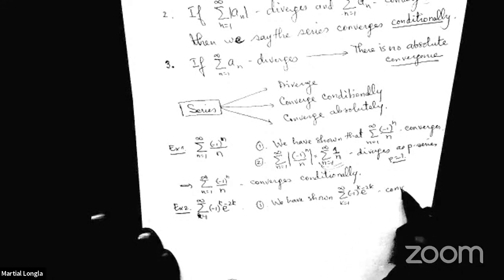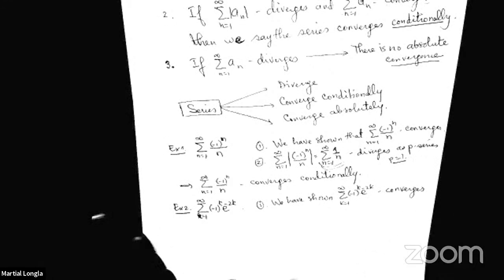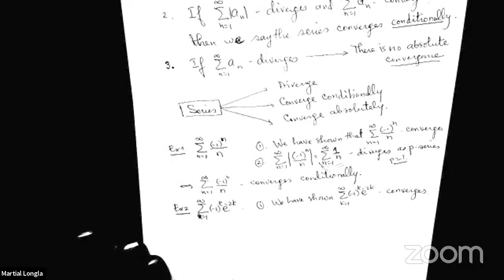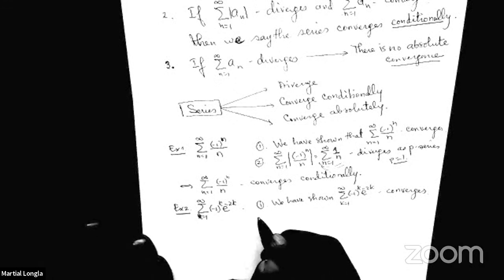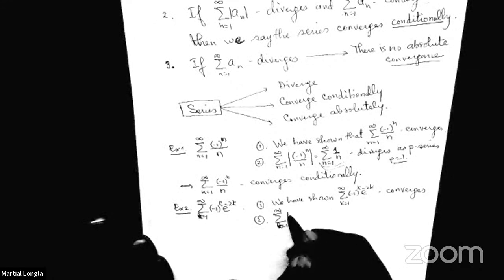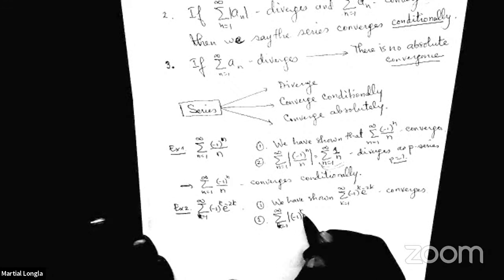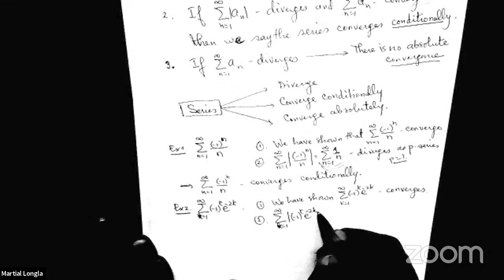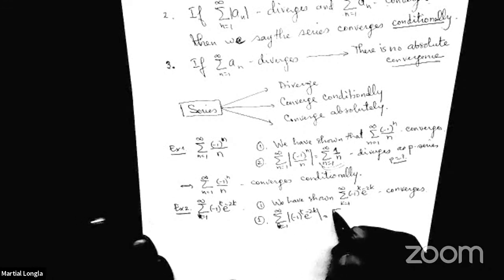So we know this. In the first part of the lecture, we showed that this converges. Now we look at the second piece. Does the sum of absolute values converge or not?